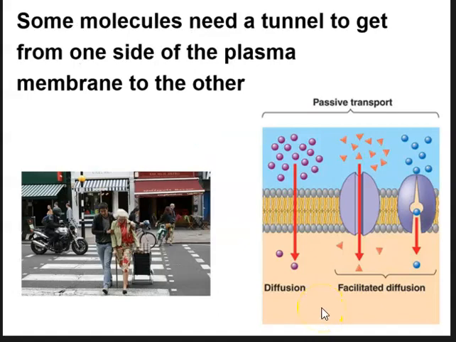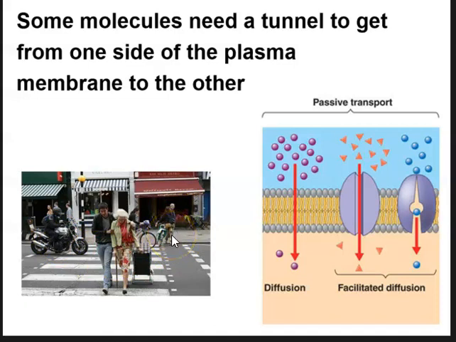Now, some molecules will need a tunnel to get from one side of the plasma membrane to another. In this picture, we see a nice person walking an elderly person across the street, facilitating her movement from one side of the street to another and making sure she doesn't get run over by that biker dude on his bike or hit by other bikers that are also crossing the street.